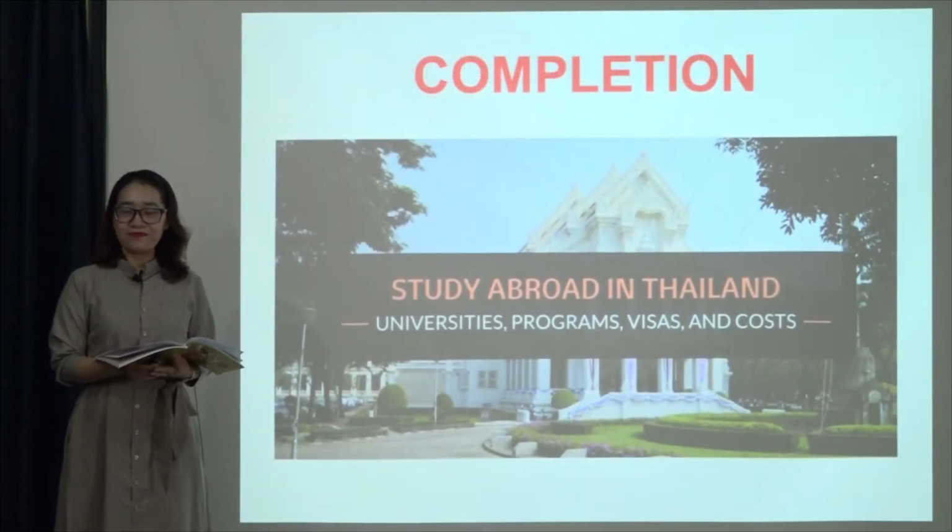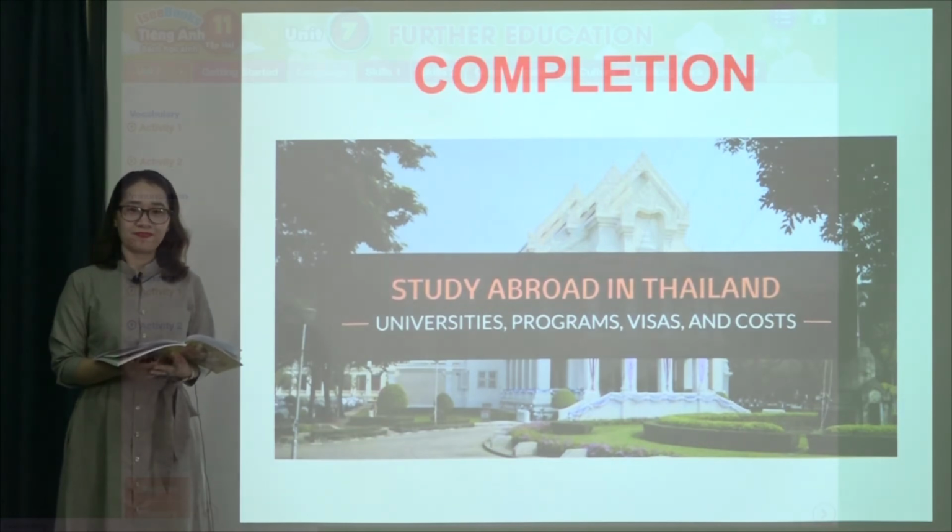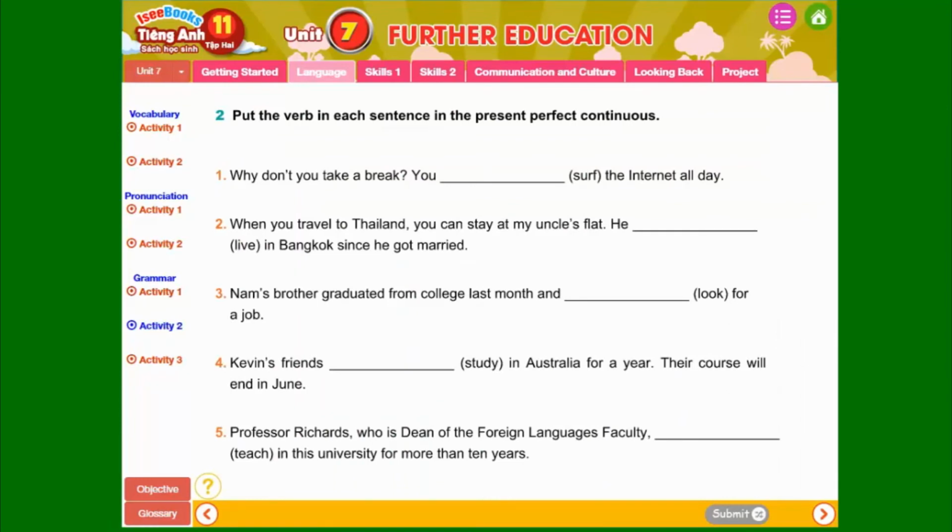Now we continue. The second activity of grammar today is completion. 2. Put the verb in each sentence in the present perfect continuous. Why don't you take a break? You have been suffering. Number 2. When you travel to Thailand, you can stay at my uncle's flat.